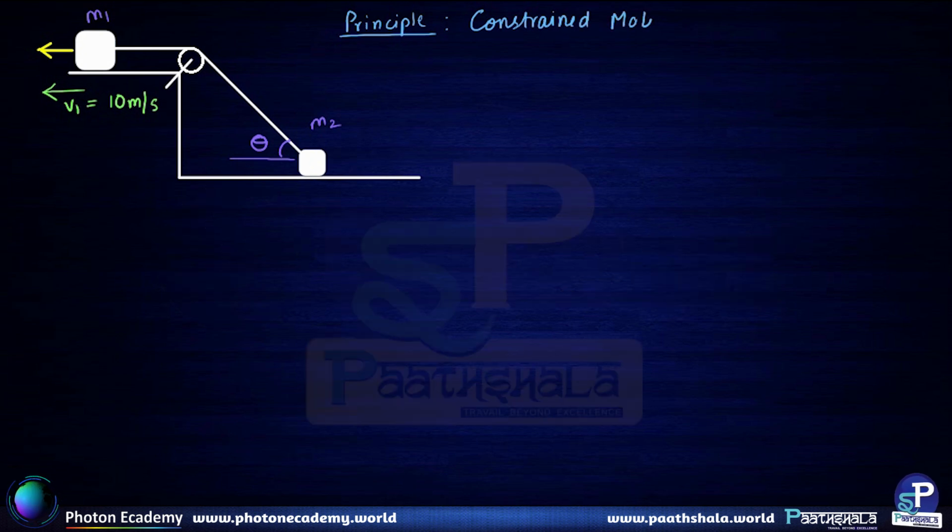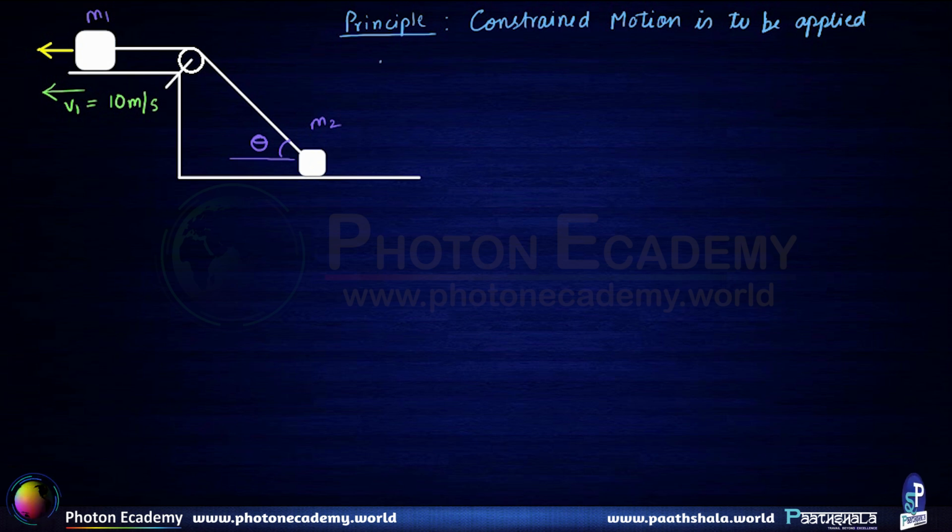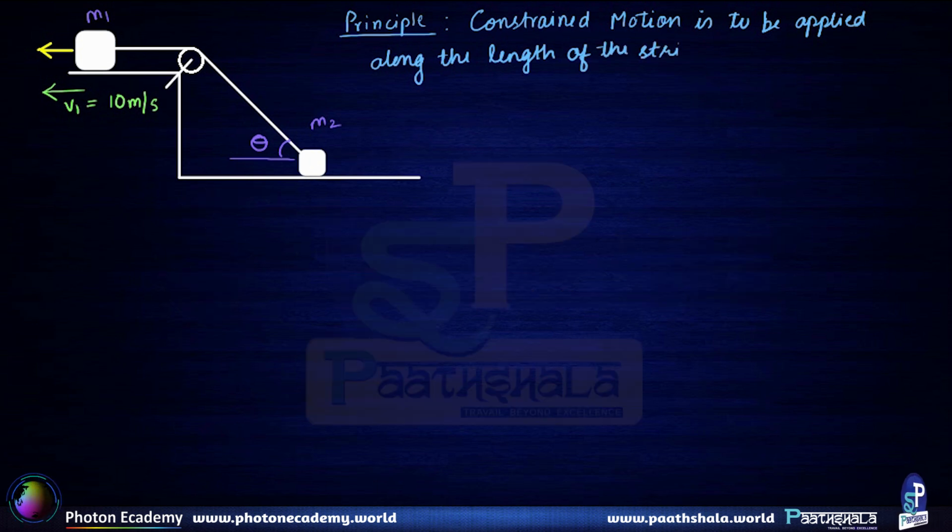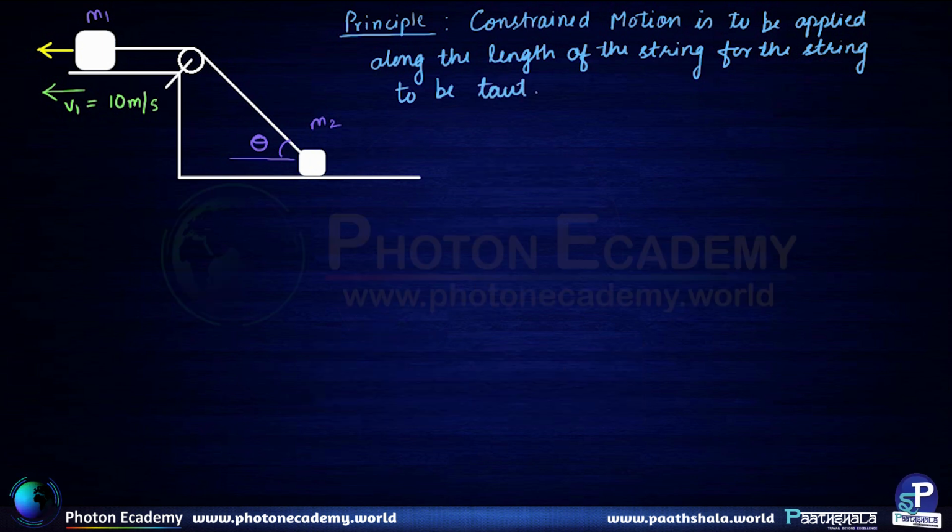Constraint motion is to be applied along the length of the string, for the string to be taut. Taut means stretched as opposed to slack.